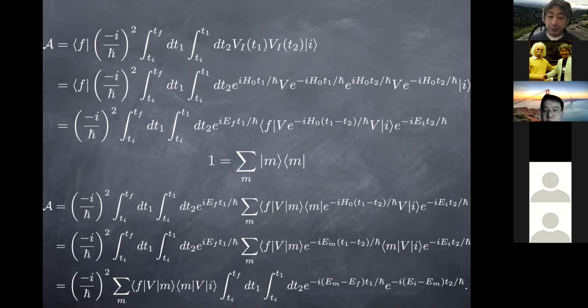And here, I took the time interval to be from initial time ti to final time tf. And I have this double integral with the time ordering. So this t2 integral goes from ti to t1, and t1 then is integrated from ti to tf. That's a triangle in the two-dimensional plane of the time integrals we talked about on Wednesday. Okay, so the rest is to just carry out this time integral. Any questions about this?